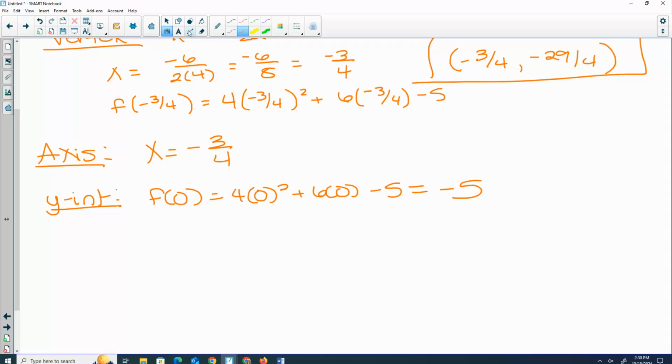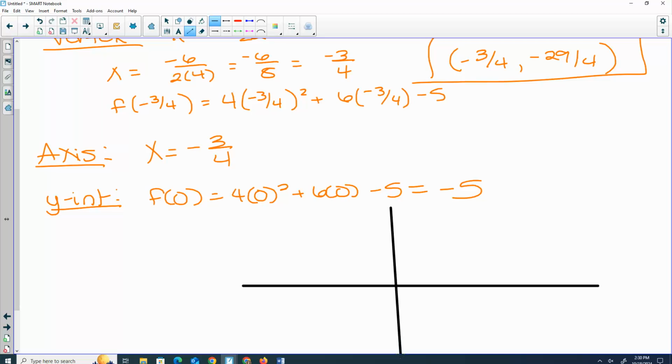So if I asked you to use all this to draw me a graph, I'm not going to be the prettiest graph ever, but let's try it.